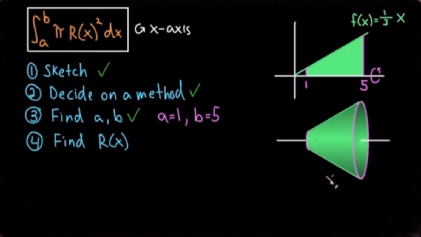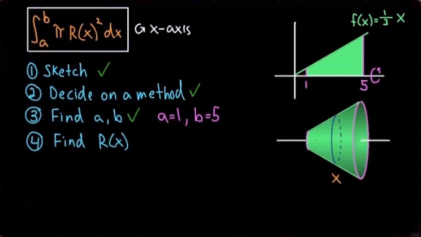We get a circle, and maybe the x isn't quite aligned with that, so let me draw that in here a little bit more clearly. We pick this x value and we slice this solid, and notice that this slice of this solid is actually a filled-in disk, because we're slicing a solid there.